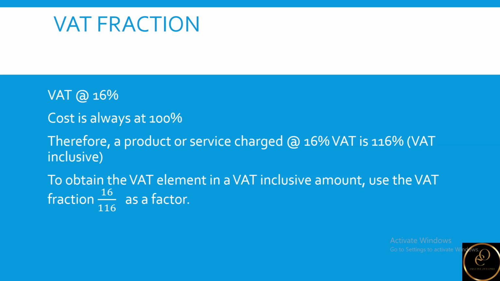Therefore, a product or service charged at 16% VAT is taken to be 116%, which is VAT inclusive. To obtain the VAT element in the VAT inclusive amount, use the VAT fraction, which is 16 out of 116 as a factor. So that is what is going to be employed in this example of ours.